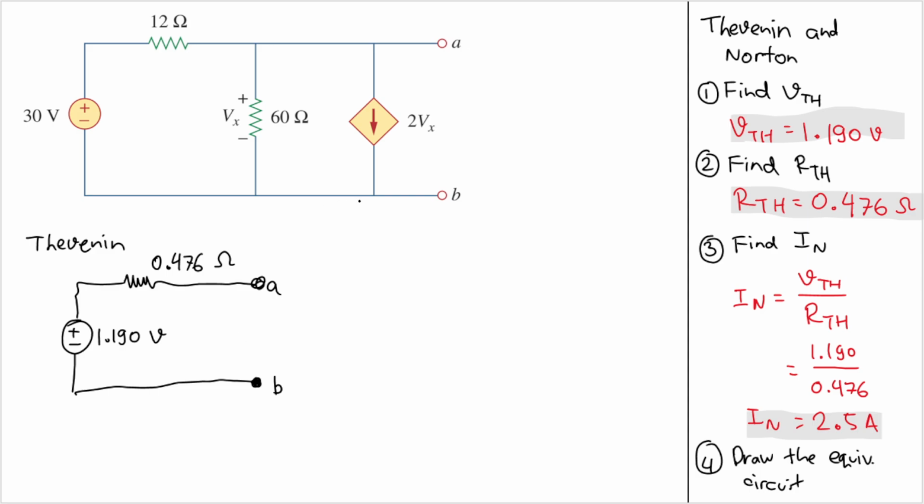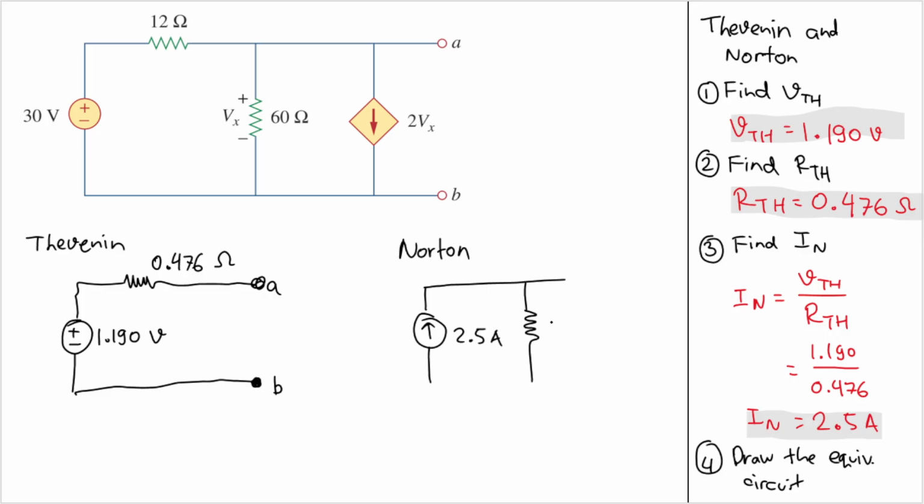Good. And the second thing is we need to find the Norton equivalent. We have I_N here as 2.5 amperes, so we have a current source with that value, 2.5 amperes. And then a parallel resistor here with the same value as R_TH, right?